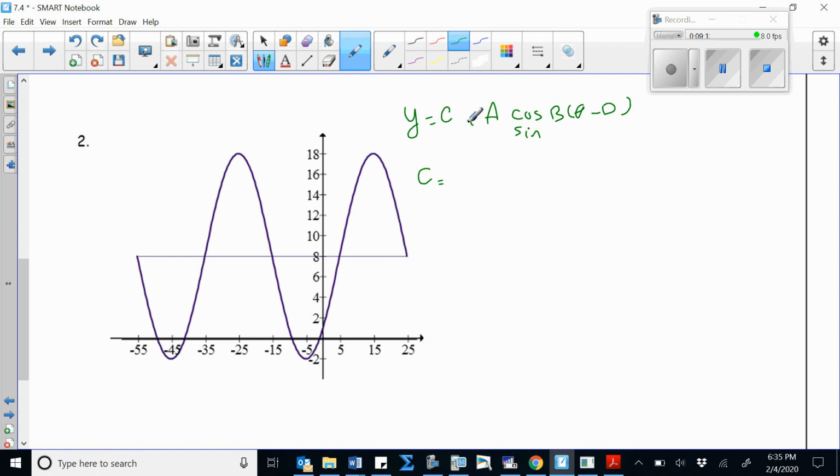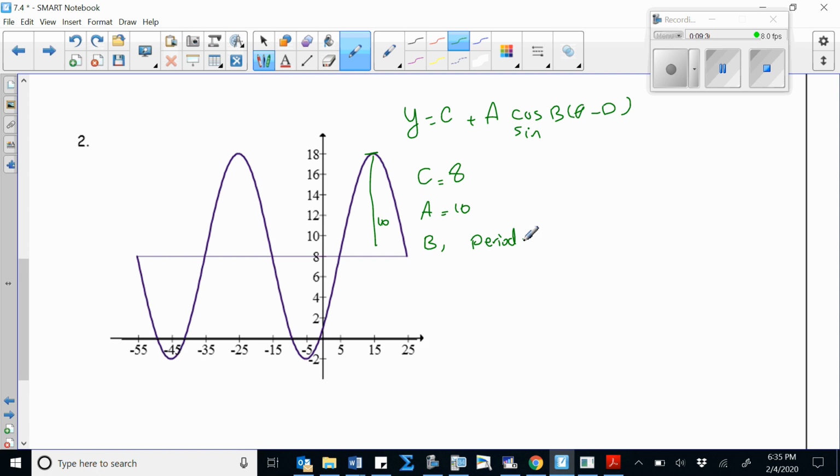C, as we said, is the vertical shift. The middle line is here at 8. So that means we have a vertical shift of 8. C is 8. Amplitude is from 8 to 18, which is the highest point. This distance is 10.